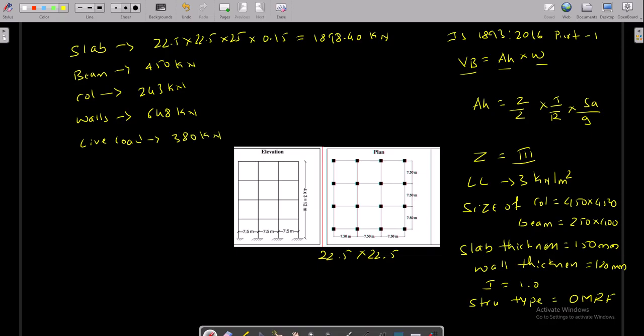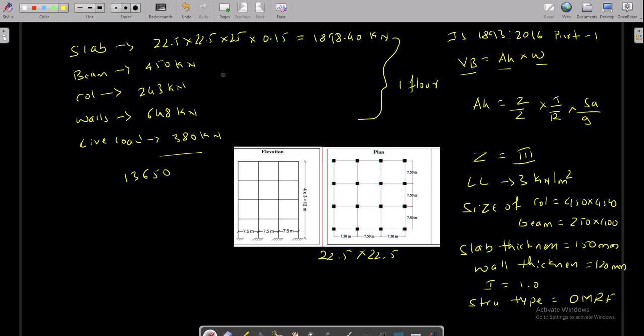So referring to this, the total load, the overall load on the structure will be 13650. So whatever these parts are considered, this is for one floor. So there are 3 floors, alright.